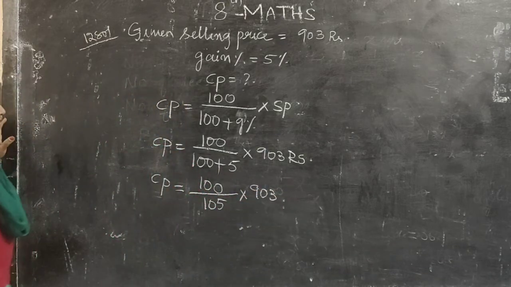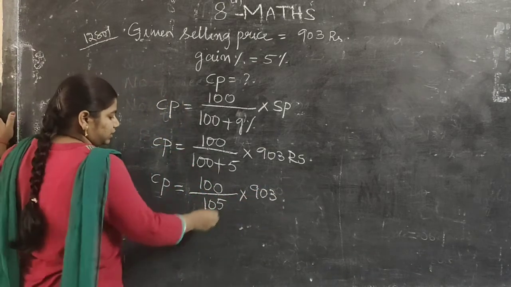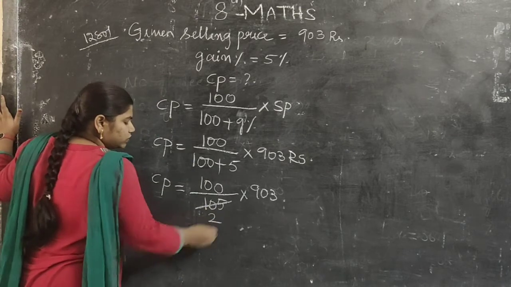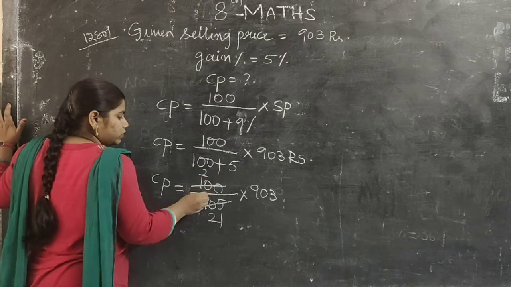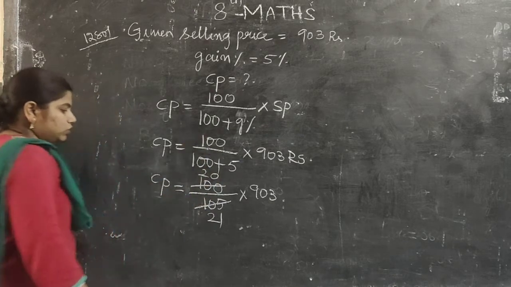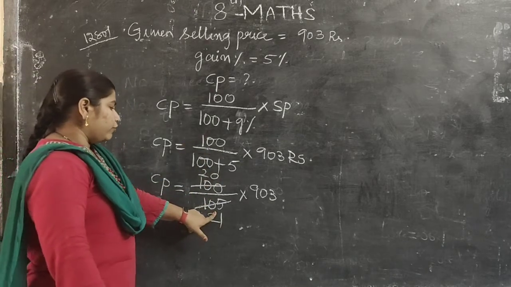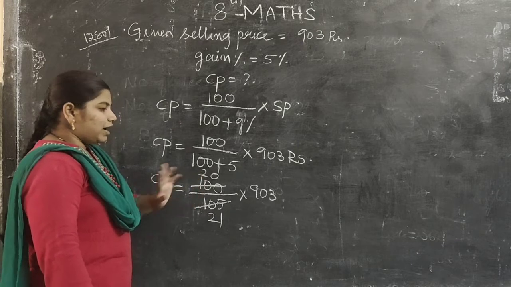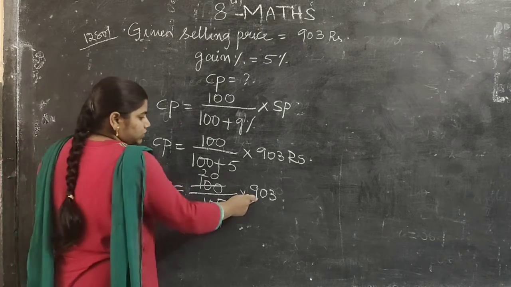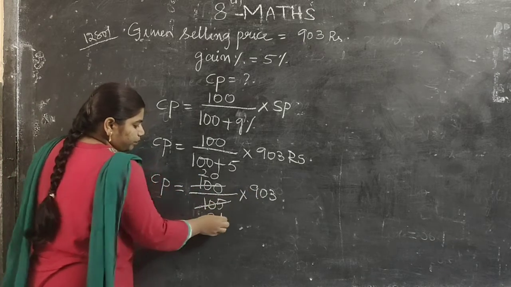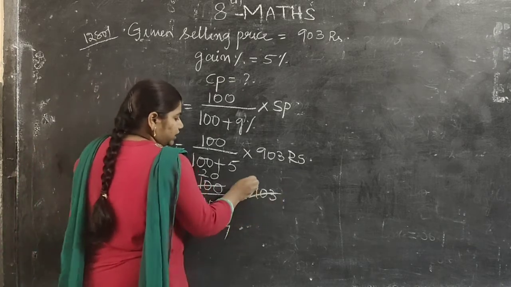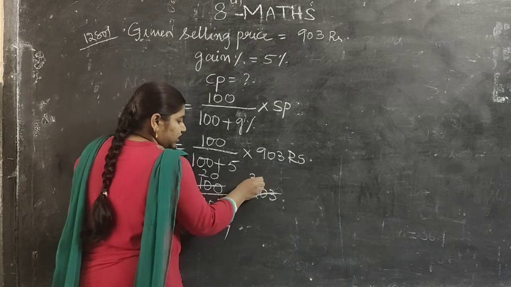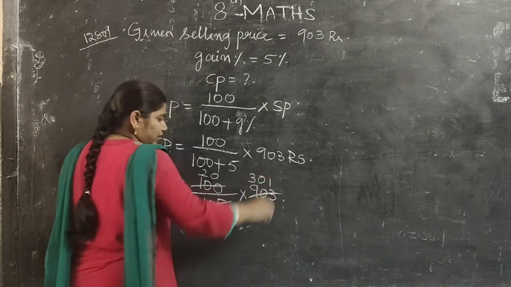903. So we can cancel here in the 5 table. 5 twos are 10, 5 ones are 5, 5 twos are 10, 5 zeros are 0. So 5 twenty-ones are 105, 5 twenties are 100. Now I am cancelling these two in the 3 table. 3 sevens are 21, 3 threes are 9, 3 zeros are 0, 3 ones are 3.